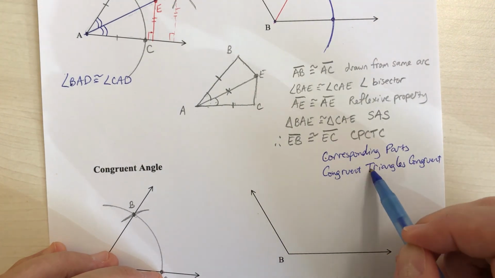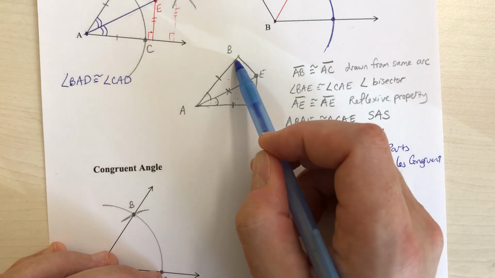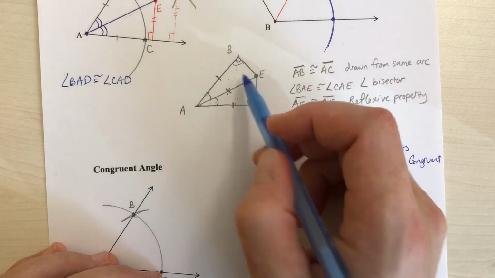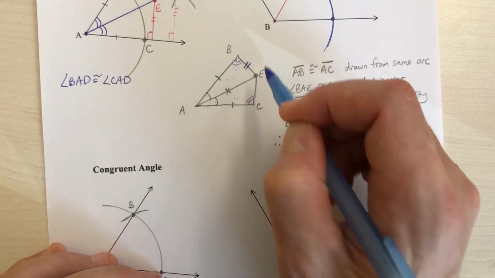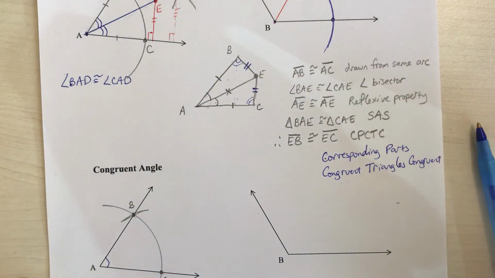C, P, C, T, C. If these triangles are the same, then their corresponding pieces have to be the same. So these angles would be the same. And what we just proved was that point E is actually the same distance from B and C.